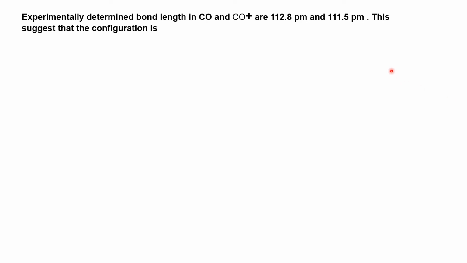For example, if I take CO and CO plus, CO plus is carbon monoxide from which an electron has been lost. Their bond lengths were observed to be 112.8 for carbon monoxide and 111.5 for CO plus.